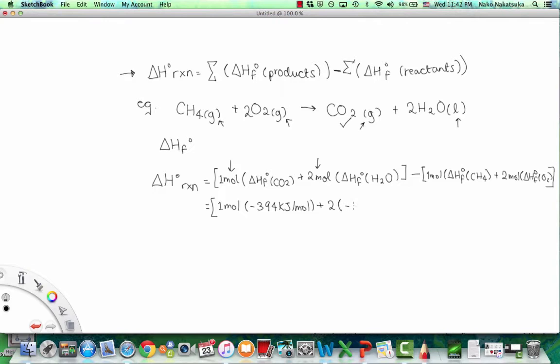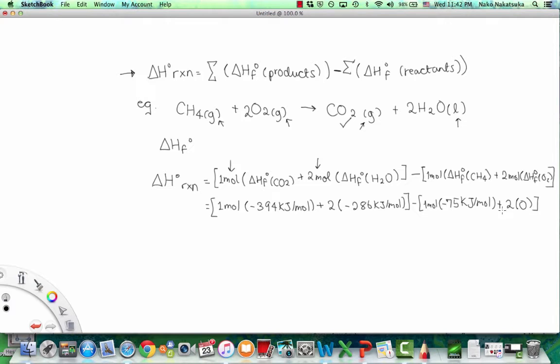Negative 394 kilojoules per mole, plus 2 moles times negative 286 kilojoules per mole, minus 1 mole times negative 75 kilojoules per mole, plus 2 moles times 0.